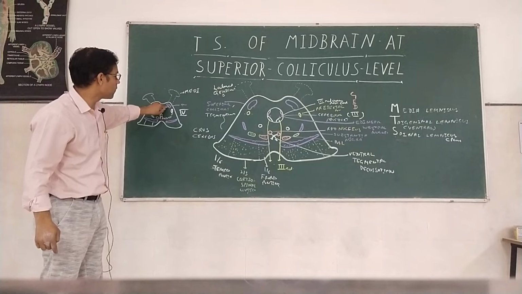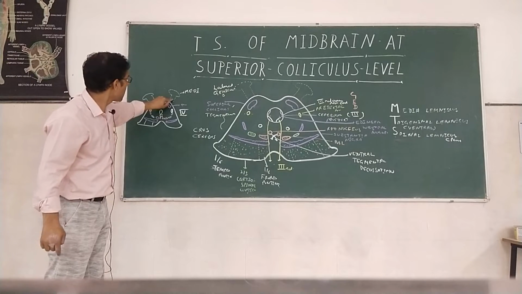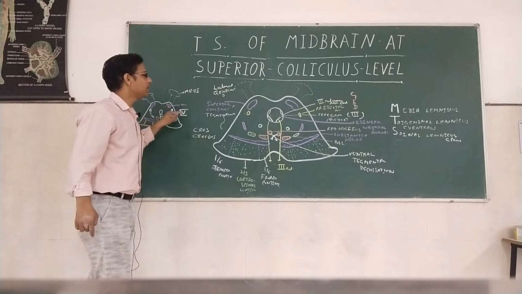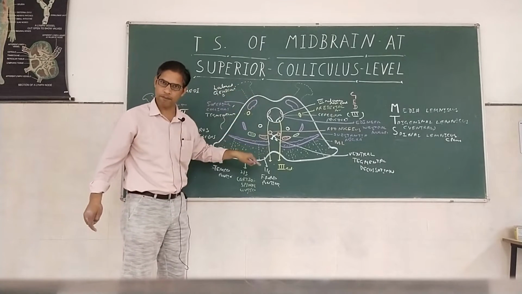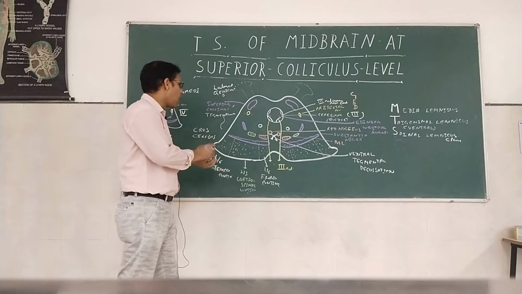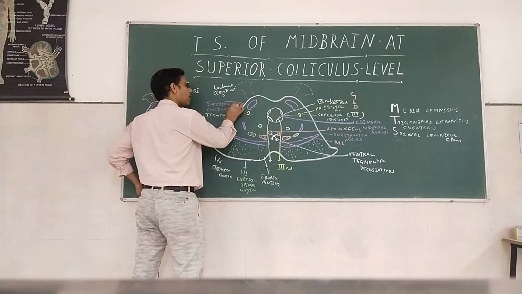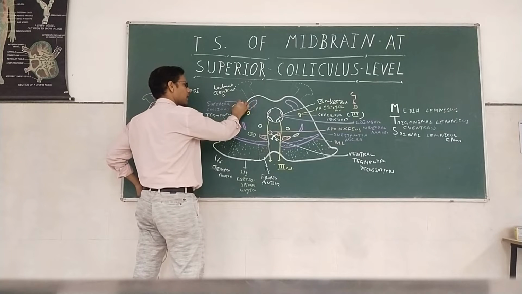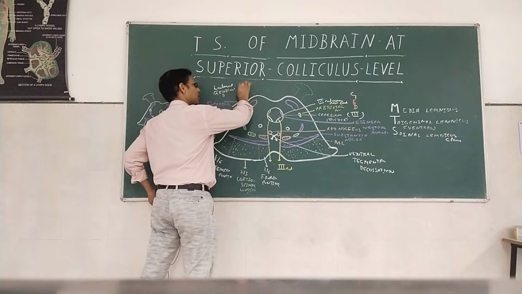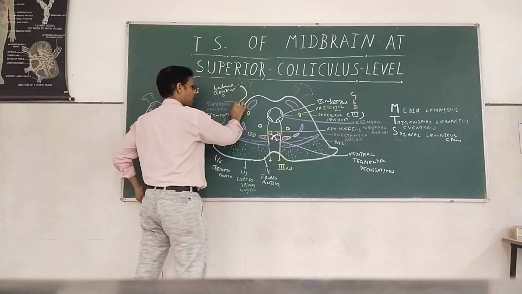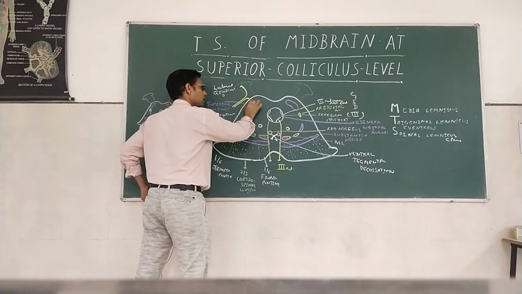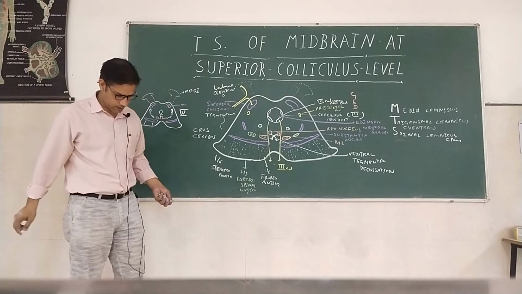Opposite to the previous one, the inferior colliculus, the inferior brachium and the medial geniculate body. This whole system is concerned with the auditory pathway and this system is concerned with the visual pathway. How? Now the retinotectal fibers, because this is reaching the tectum area, the optic fibers from the retina are going here also, and reaching the superior colliculus level.